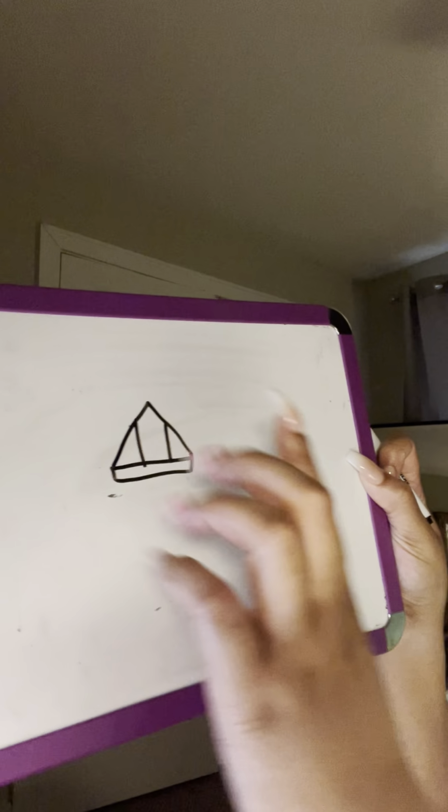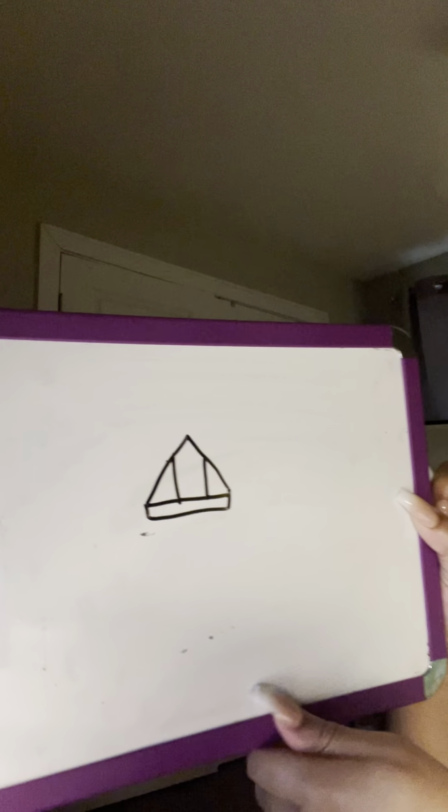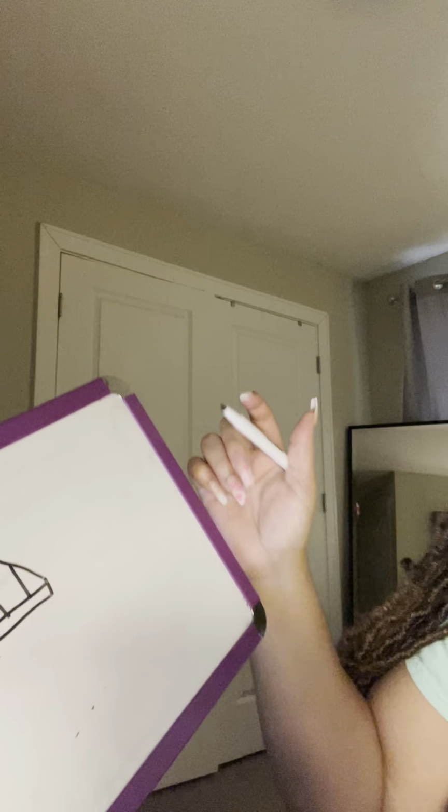So this is how theirs looks a little bit. So pyramid, and make sure at the bottom it has a square. Okay, that's how mine's looking. So this one is a square pyramid.